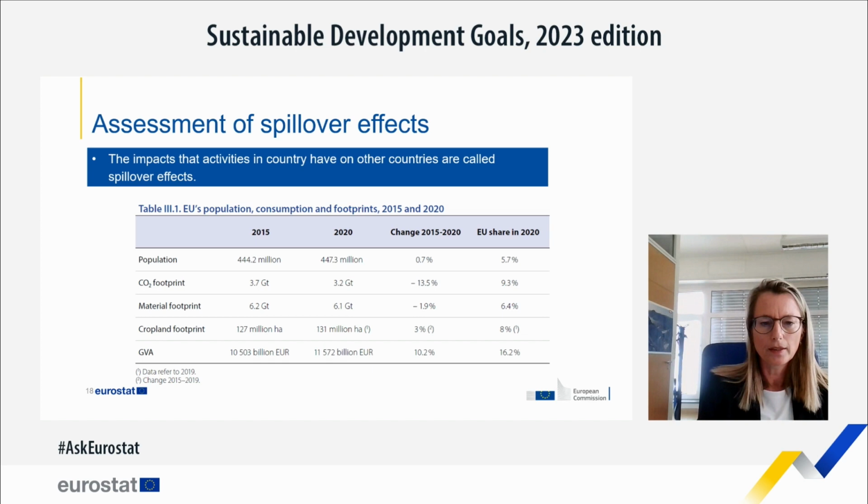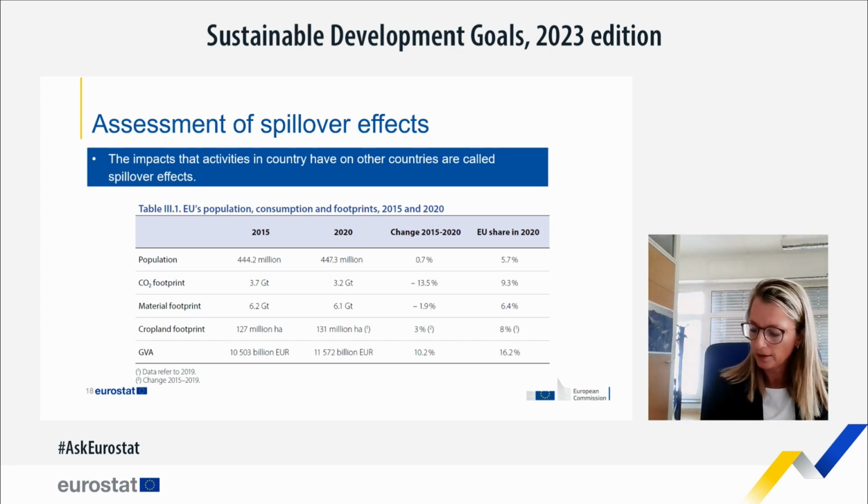And in this overview table, you see, we wanted to show it also in relation to the population, because otherwise it's a bit abstract. So the share of the EU population in the total population in 2020 was 5.7%. And for example, the CO2 footprint linked to our consumption was 9.3%.